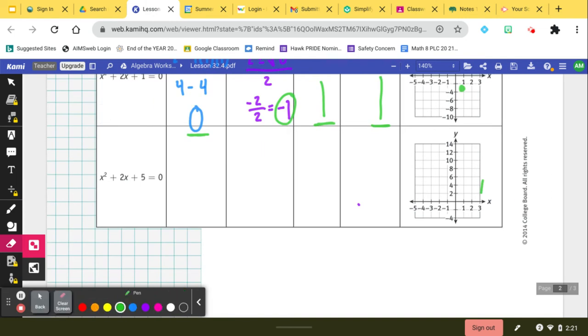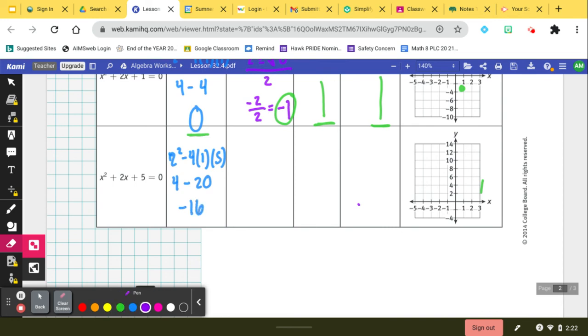So solving the next one, first finding my discriminant. So b squared, so 2 squared minus 4 times a times c. So we get 4 minus 20, so we get negative 16. Let's solve that.